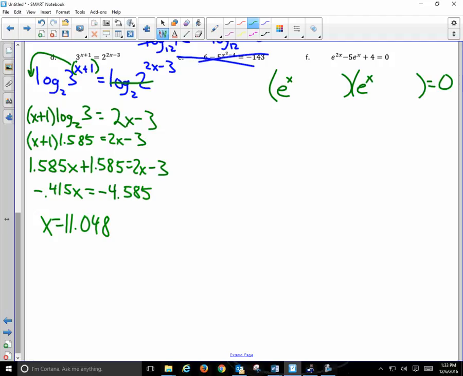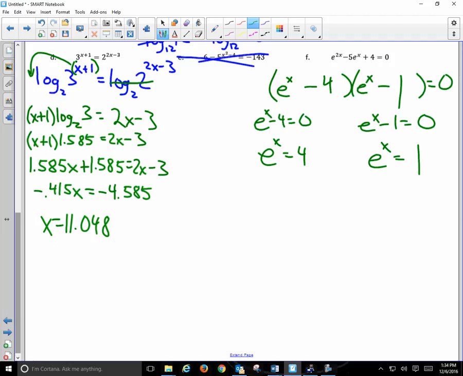Because e to the x times e to the x is e to the 2x, because you add the exponents. Minus 4 minus 1, good. So I got e to the x minus 4 is equal to 0, and e to the x minus 1 is equal to 0. Or e to the x is equal to 4, and e to the x is equal to 1. Oh no, what do I do? Natural log of both sides.